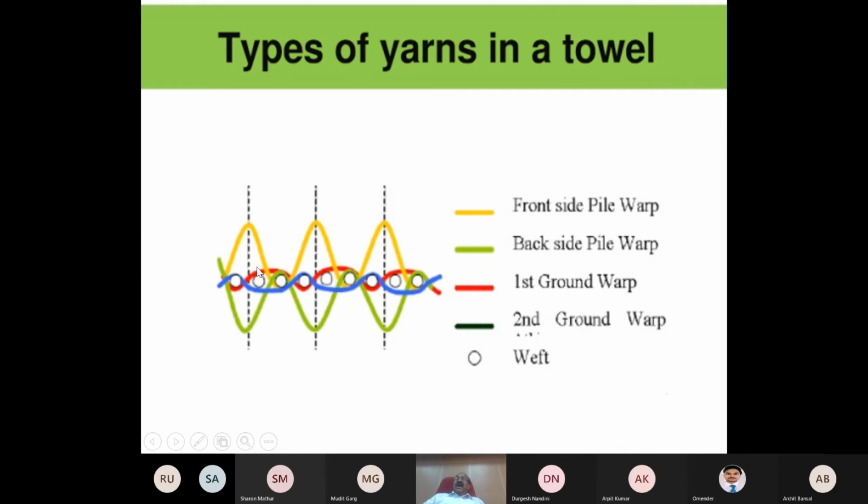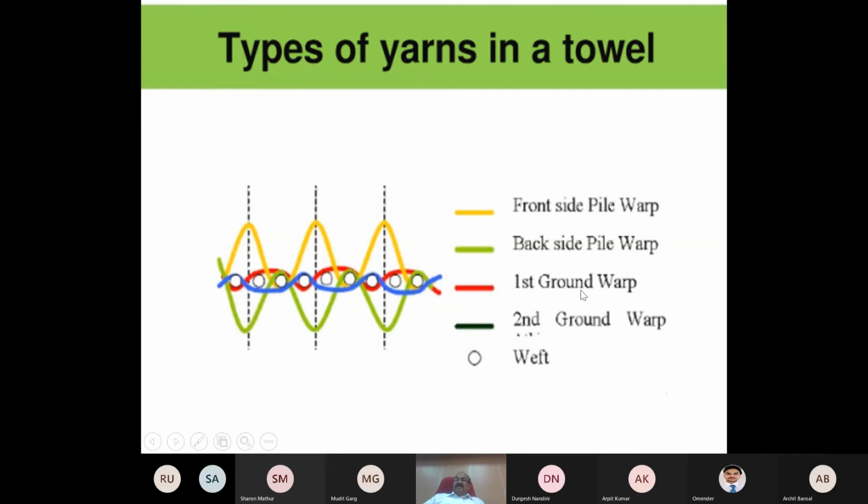So the yarns used, as I discussed earlier, in a terry towel are front side pile warp and back side pile warp. It is not necessary that we have two loops or piles of the same kind. You can have different types of pile on the two sides of the fabric. You can even have a towel with loops on just one side, while the other side is smooth, plain.